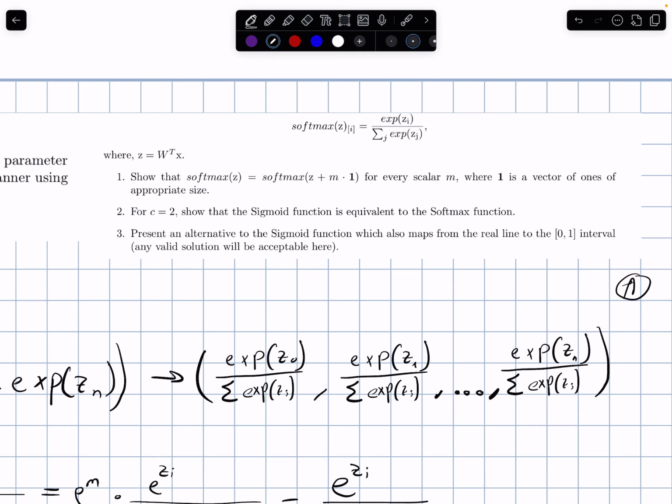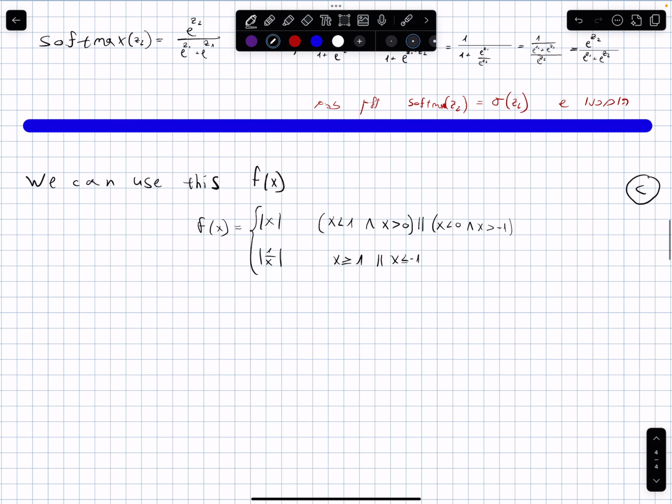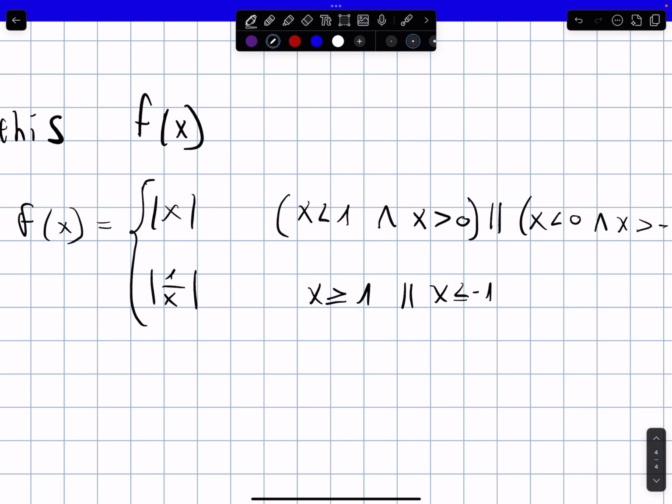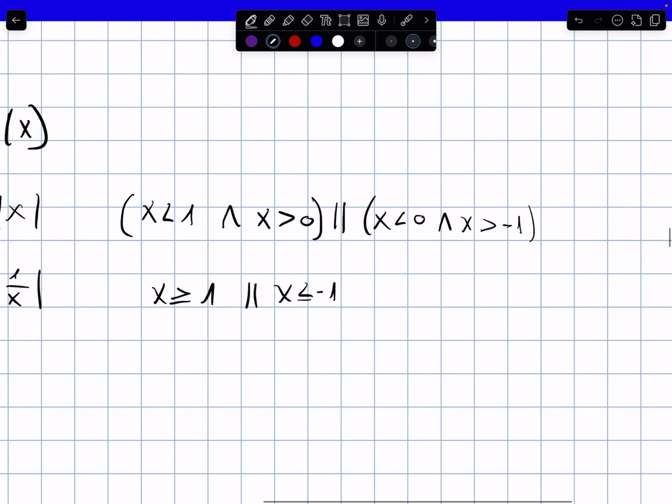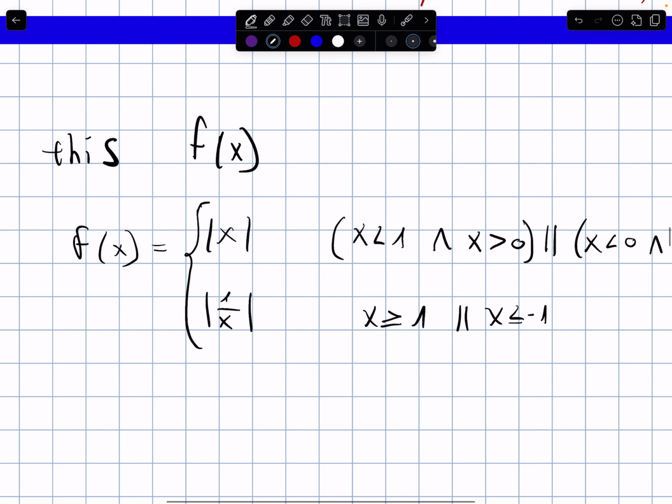Any valid solution is valid. So what I did is everything which is bigger than 1 or smaller than -1 will be 1 divided by x, and everything which is between 1 and 0 will be the absolute value.